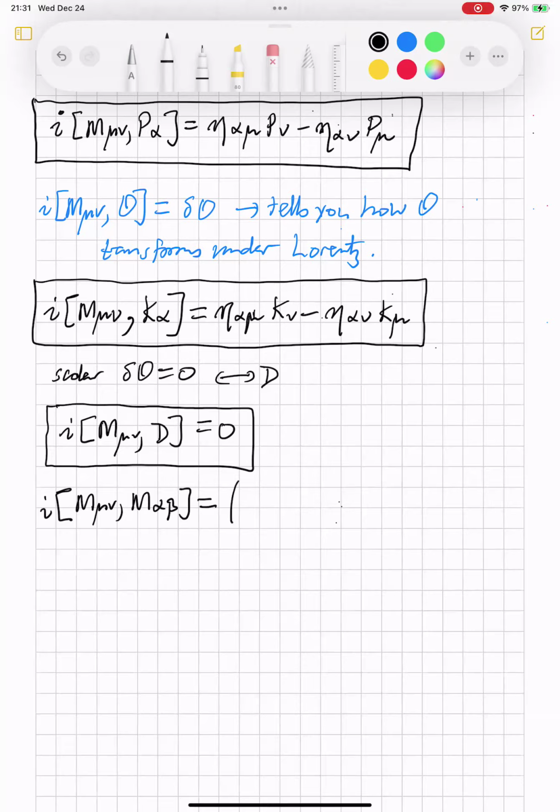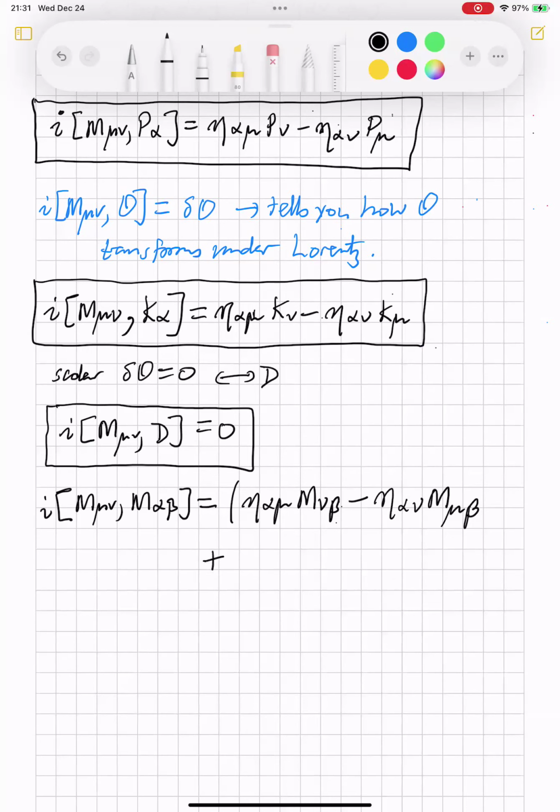Using the rules that we've been using above, this is eta alpha mu, then we'll have an M nu, and we leave beta alone, minus eta alpha nu, and M mu, and we leave beta alone.